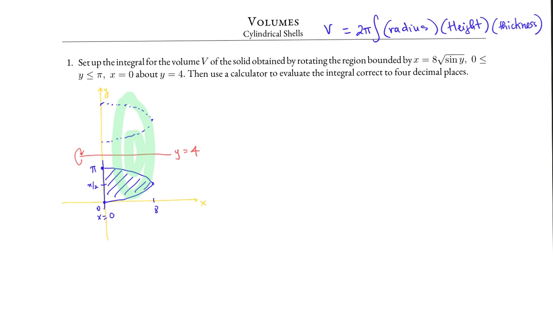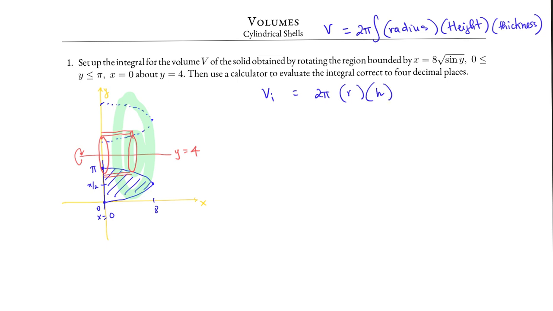With the cylindrical shell method, we draw the cross-section parallel to the axis of rotation to form a representative shell. The volume of this representative shell is 2 pi times the radius times the height times the thickness.